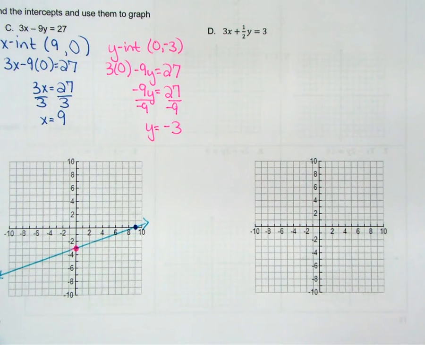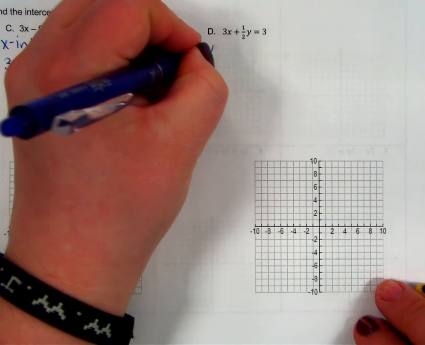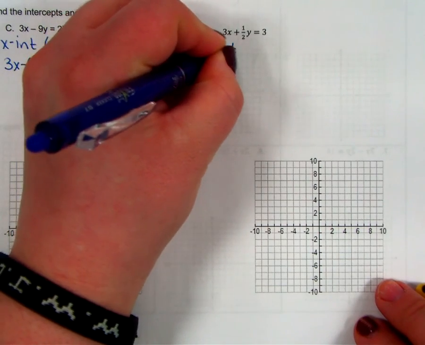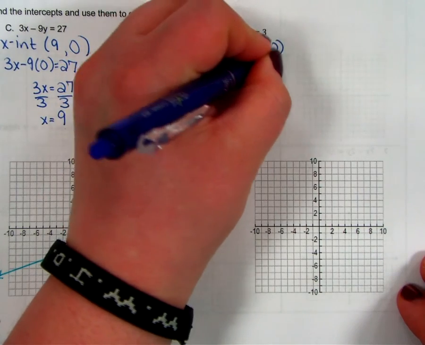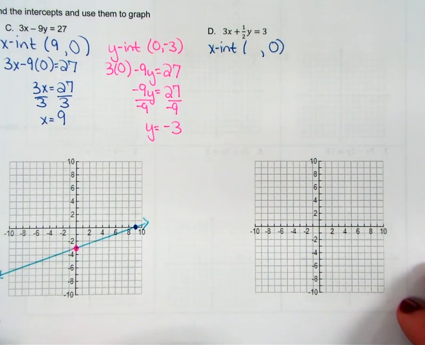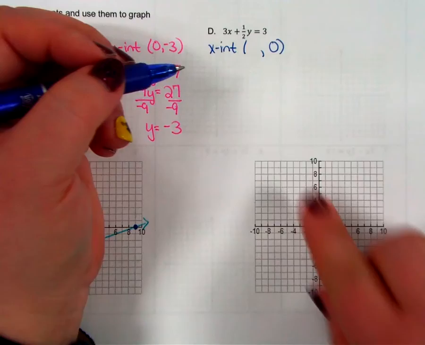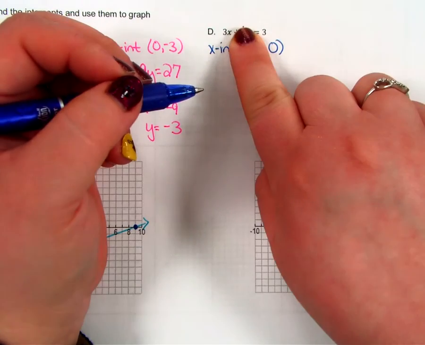One more together, and this one has fractions. So we have the x-intercept. Because it's an x-intercept, we know that our 0 will go in for y. So that means that this whole middle term is going to go away.